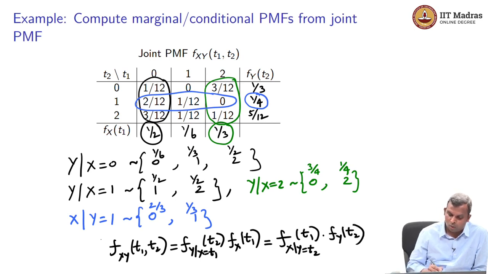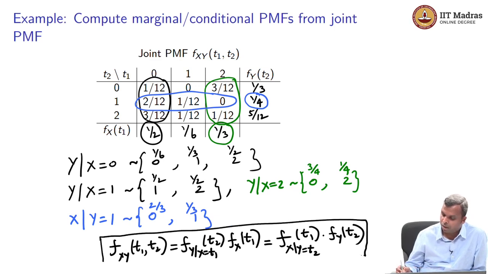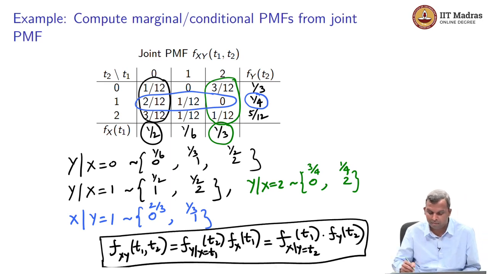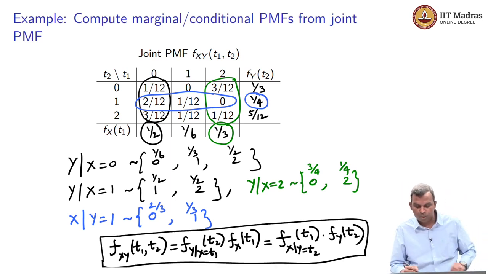So this is always satisfied. You should remember this identity, it is very important. You can check in all our calculations that it holds.